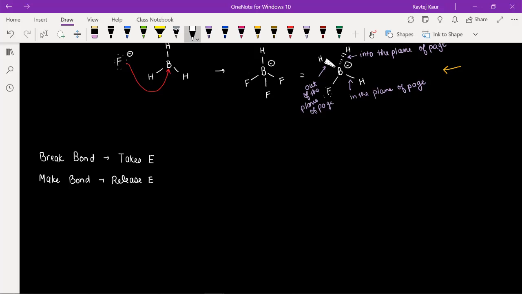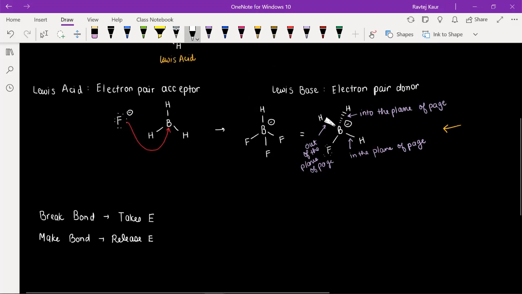So when you break a bond, it takes energy. When you make a bond, it releases energy. So just keep that in mind when you look at reactions, because that can help you determine whether a reaction is endothermic or exothermic. Exothermic means it releases energy when it happens, and endothermic means it takes energy to go through the reaction.